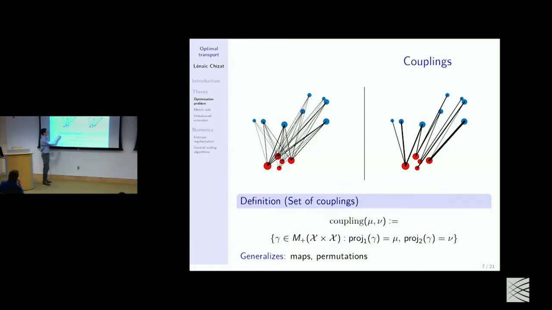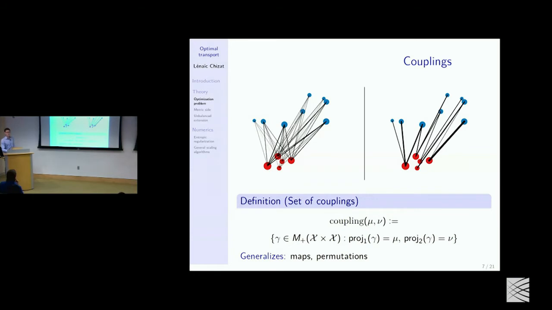When I am at a point on the red distribution, which is my first distribution, I can be sent in any direction to the other distribution in blue. And here is another kind of coupling, which is optimal actually for some choice of cost on the plane. Here, the thickness of the lines represents the amount of mass that is transferred between two points. So that's the concept of coupling.